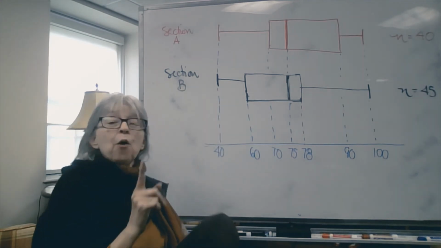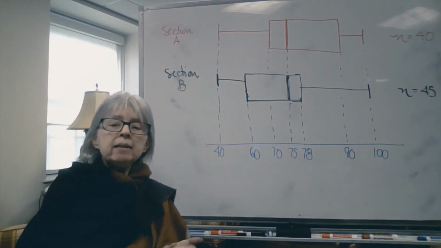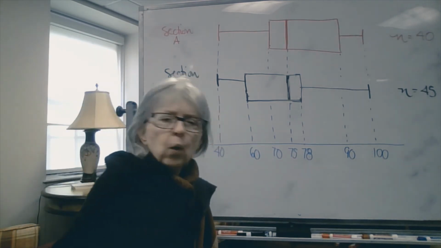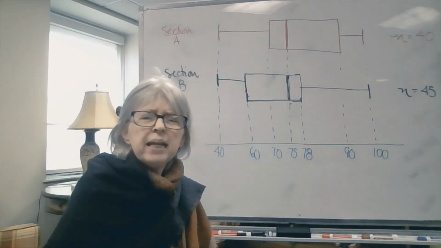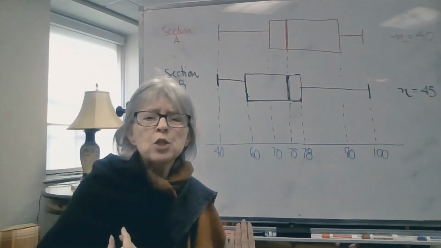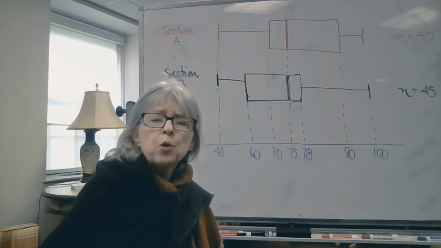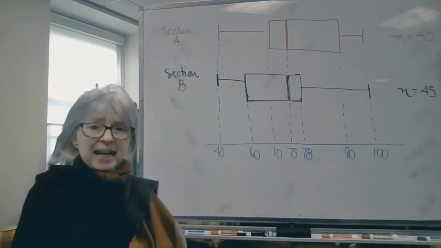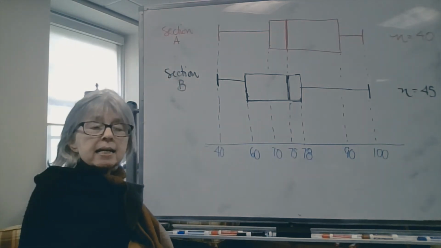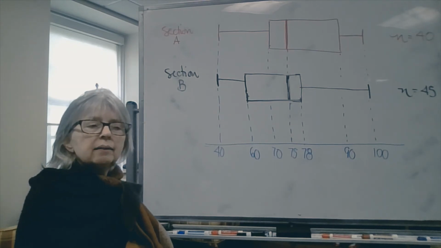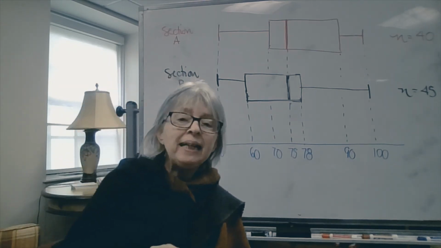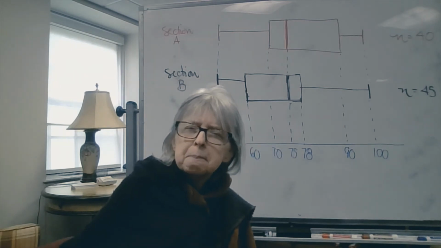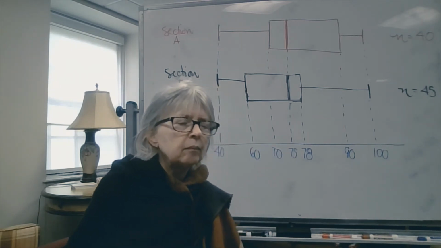So even though I don't know the means, if I went to you and I said, well, Section A and B, they had the same high scores, they had the same low scores, they had the same medians, but Section B had a higher mean than Section A. Now, I know a lot of you want to call the mean the average, so I'll do that against my will.